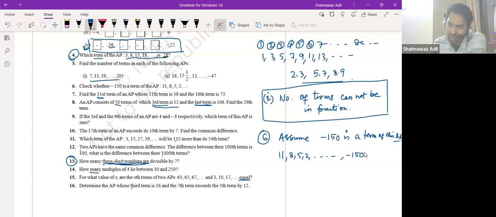So we have assumed that this is one of the terms. Now let us find out which term this is, what is the number of terms for this term. So this an is given, a you know, d you know. Then you have to find out n. So please find out n.